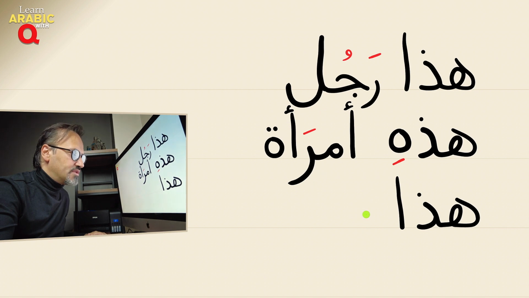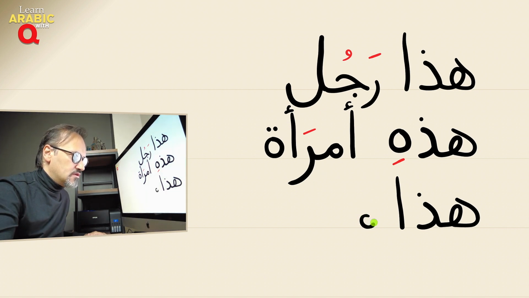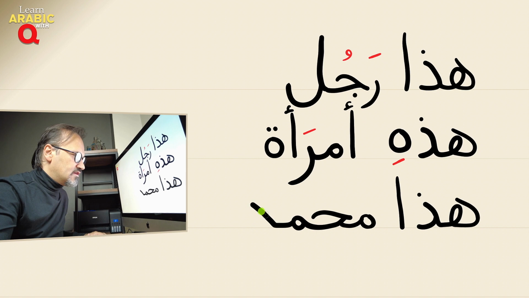How do we write Muhammad? Let's try to spell it out. It's me, and then we have a he, another me, and then we have a de.